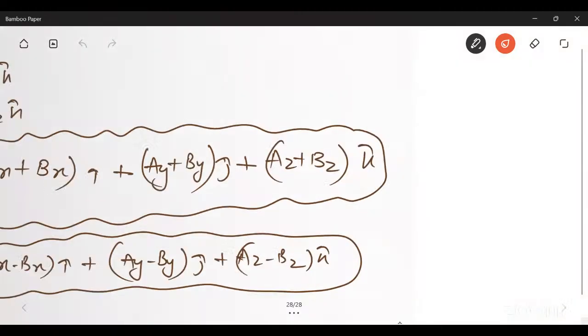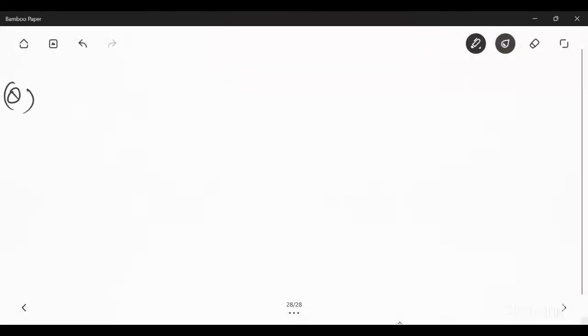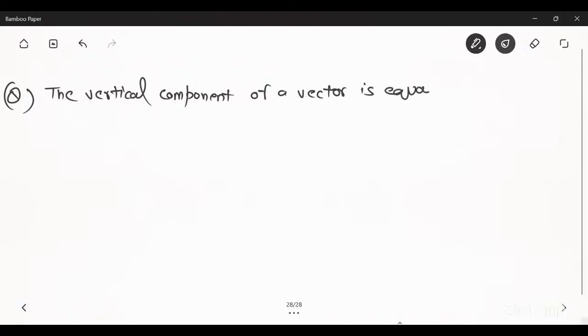Now next question is: the vertical component of a vector is equal to its horizontal component.